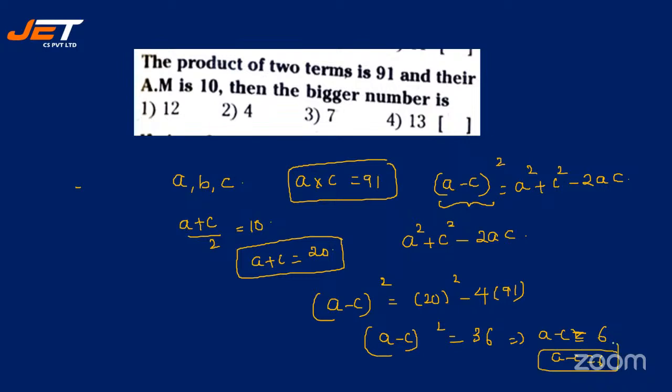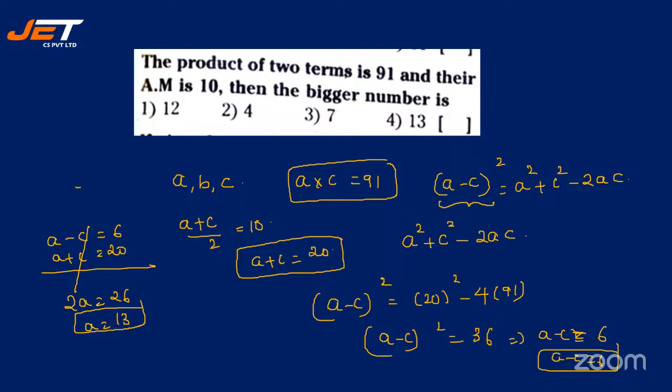Now we know A minus C is equal to 6, and A plus C is equal to 20. So we can just solve for 2A is 26. A is equal to 13. This is what they actually want, isn't it?